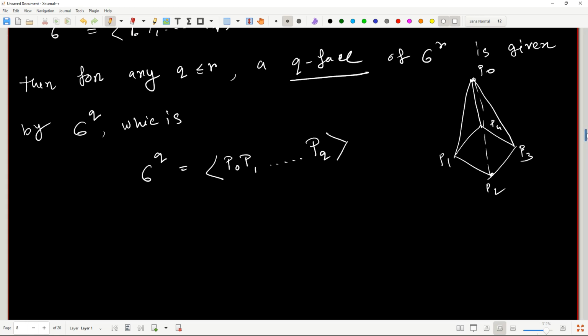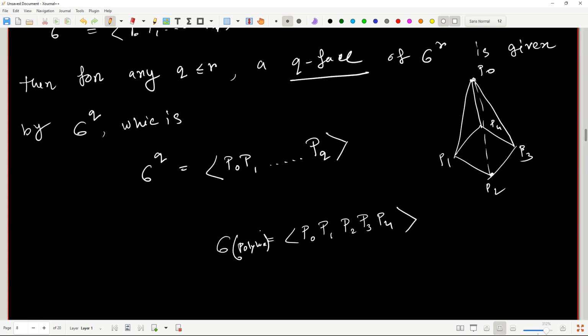Let's call this polyhedron, sorry, not sigma 4, this is a 3 simplex. So this is 0, 1, 2, 3, 4. Okay, now this is our polyhedron.